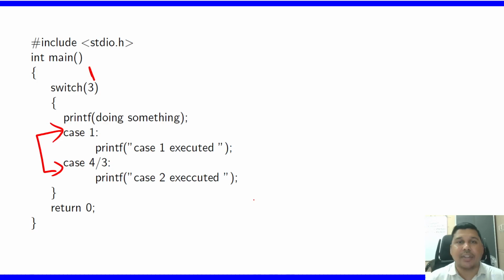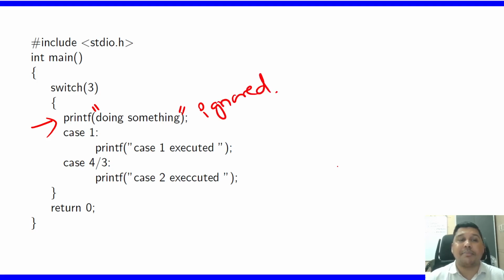So an ambiguity error will come here. And another point from this question: if you have any statement above the case, those will be ignored. These statements will not be counted.